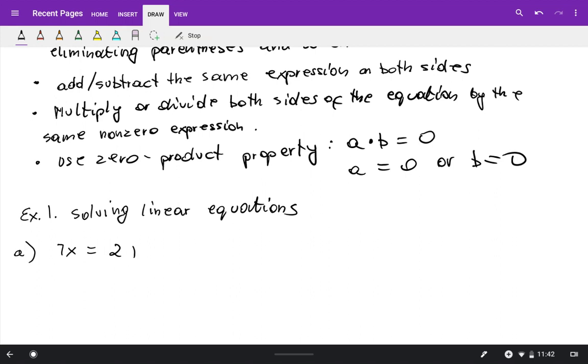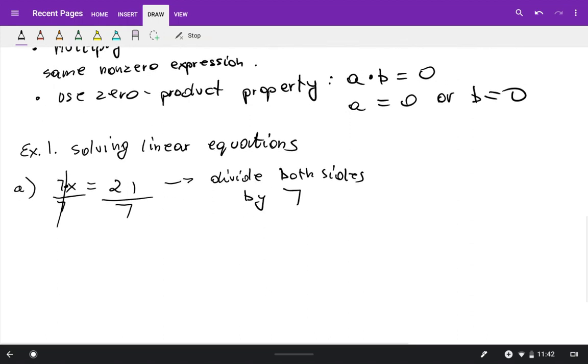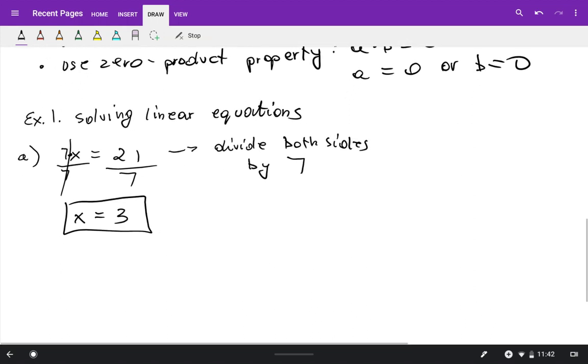To solve the equation, you need to isolate x, since you have a multiplication in front of x. So what we need to do is divide both sides by 7. Isolate x, that means you want to only have x on the left side, and we end up with x equals 3. Okay, so this is a one-step equation.